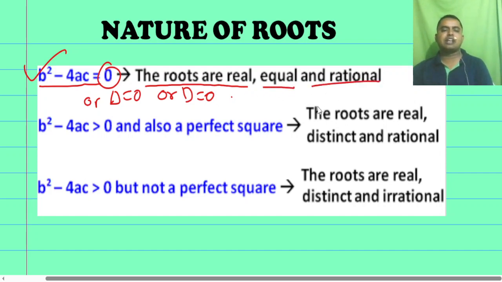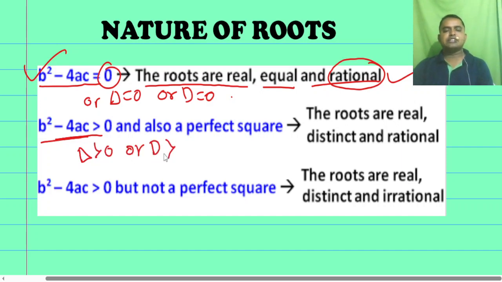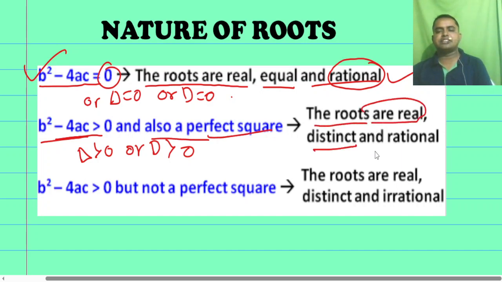They are rational if the discriminant is a perfect square. If discriminant b square minus 4ac is greater than 0, and also a perfect square, then the roots are real, distinct and rational.